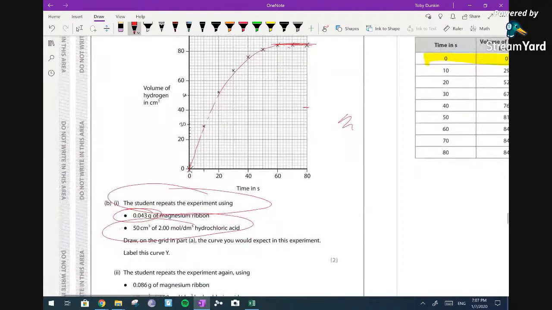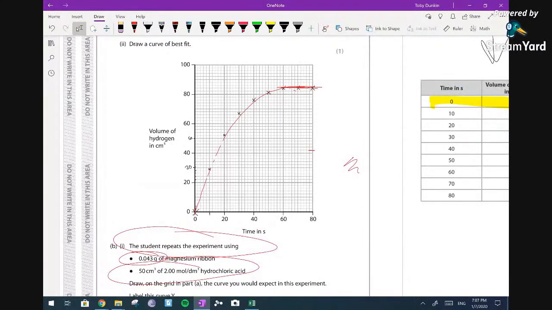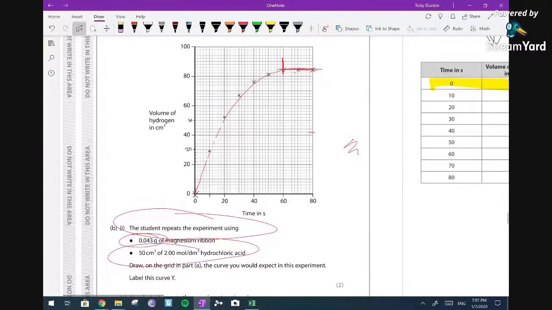It says, draw on the grid the curve that you would expect from this experiment. The next thing is, where did the original experiment end? The original experiment ended here. Now, he hasn't changed the concentration. Remember the 5 factors that alter rates: concentration, temperature, surface area, catalyst, and pressure in gases only.